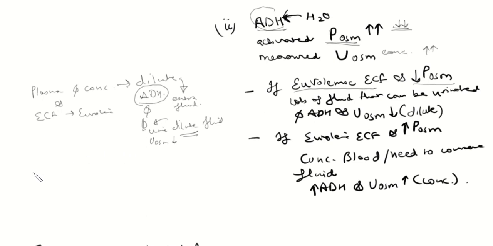Let's do it the other way around. Let's say I have plasma concentration that's very high and ECF that is euvolemic. What does that mean? Well, this is very concentrated blood. I need free water.